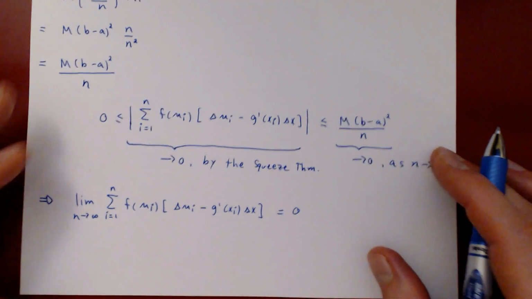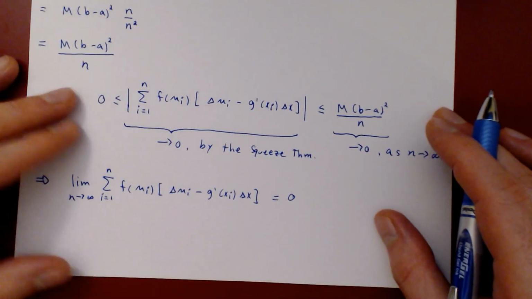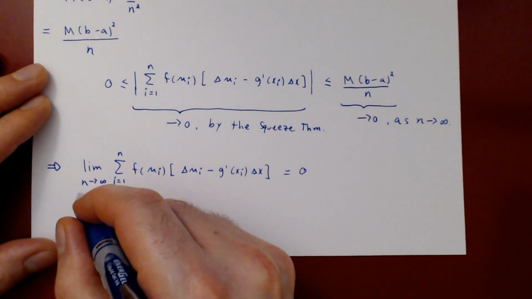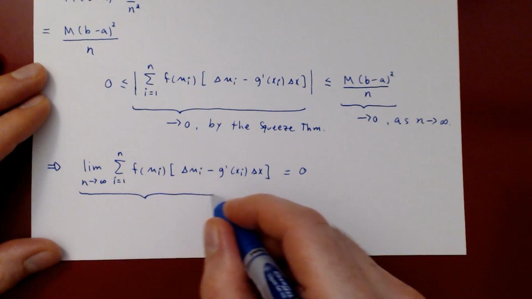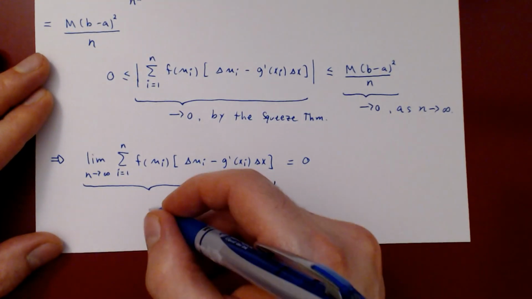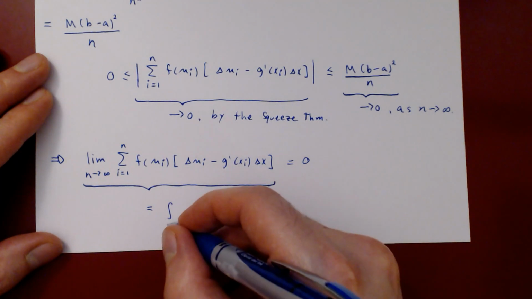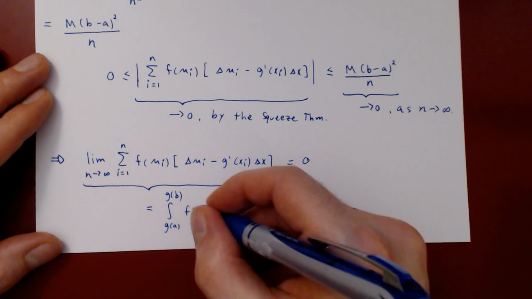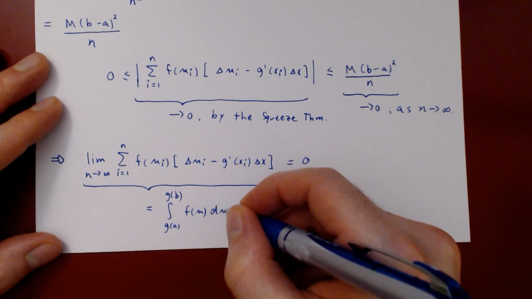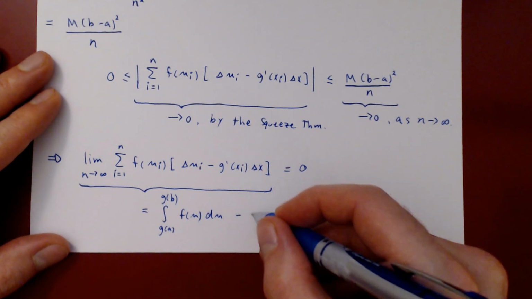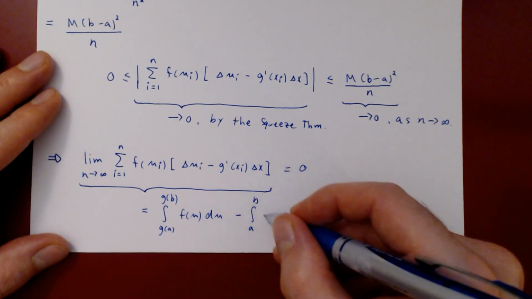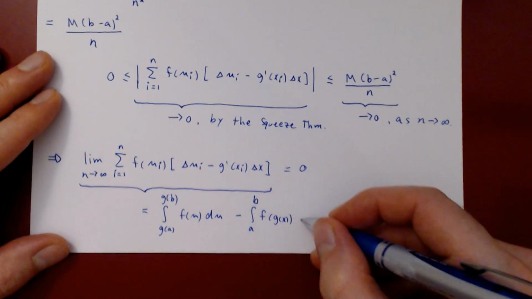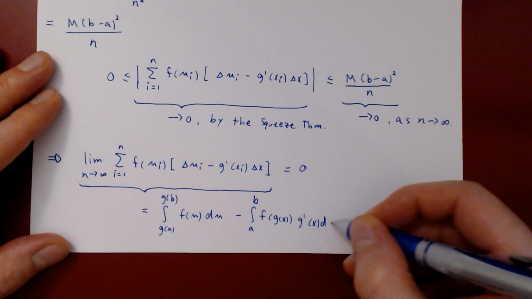But if you recall where we left off in our original video, this expression is exactly equal to the difference between both definite integrals. This was equal to the new integral from g of a to g of b of f of u du minus the original integral from a to b of f of g of x g prime of x dx.